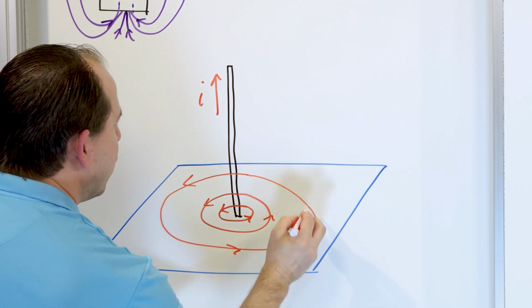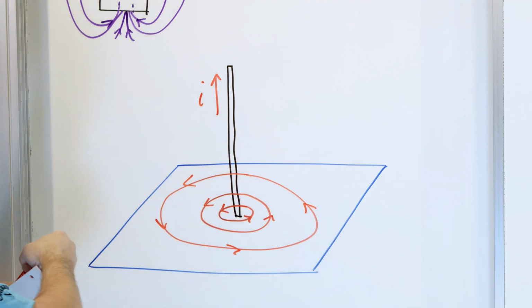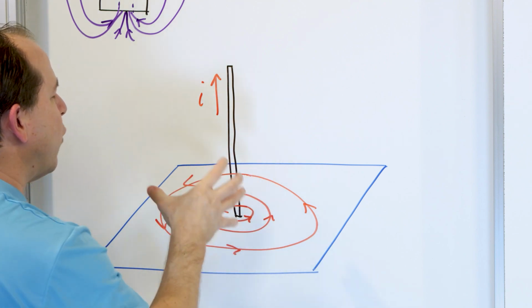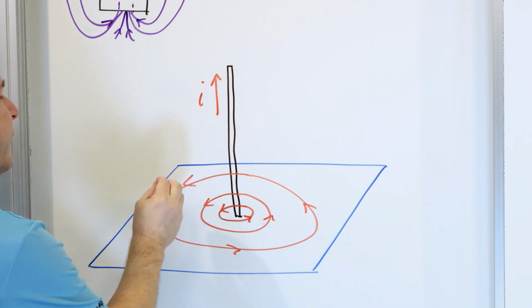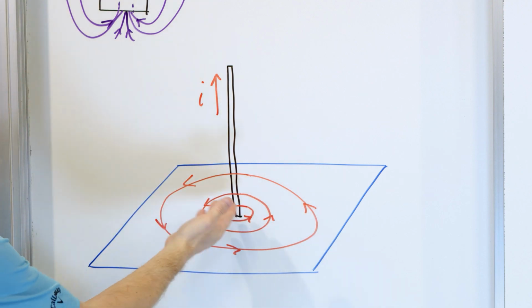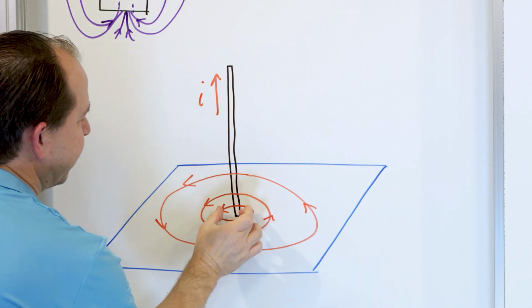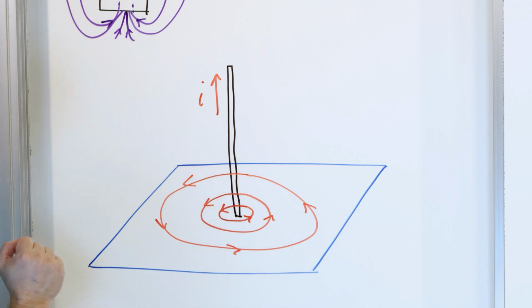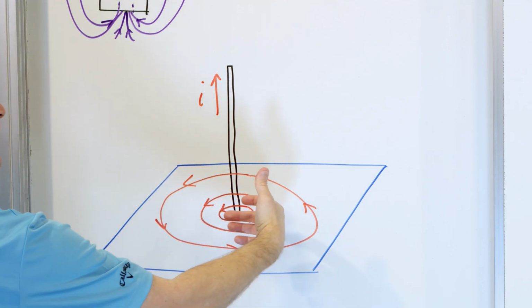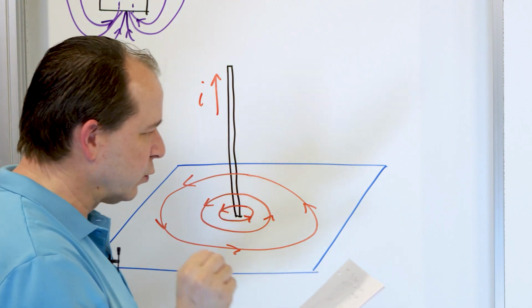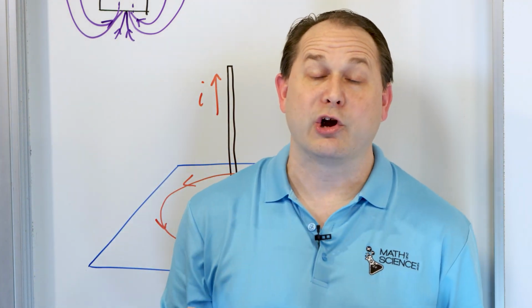As we get farther away from this wire, the spacing between the circles that are surrounding the wire gets farther and farther apart. So the spacing between the lines tells us how strong the field is, and they get more and more crowded as we get close to the wire. The field is stronger closer to the wire, but notice they're all circulating in the same direction in accordance with the right-hand rule.